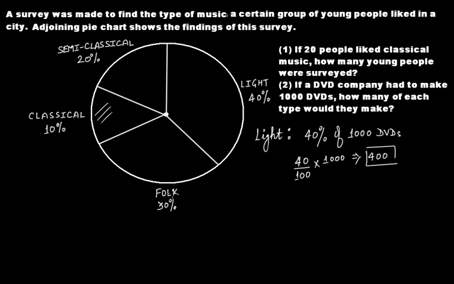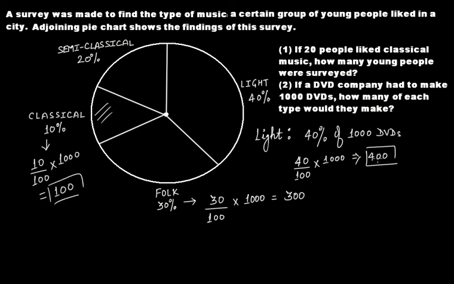Then if we have to calculate for folk music, in this case it will be 30 by 100 times 1000, and you get 300, right? For classical, 10 by 100 times 1000, and for this you get 100.